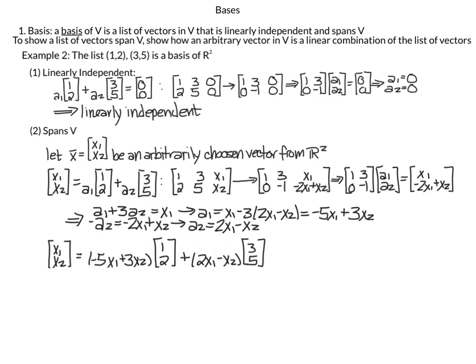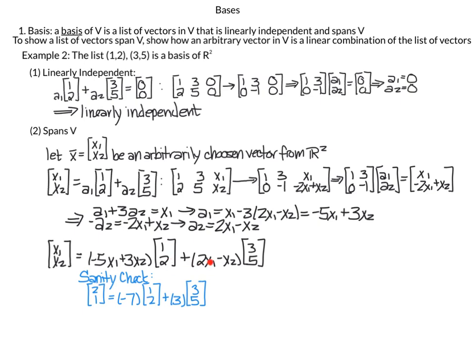And it's kind of nice because we can do a little sanity check. This isn't a proof that it works for every x1 and x2, but I could choose one with small numbers just to give me a nice, warm, fuzzy feeling. So I said, what if my vector x was (2, 1)? And then I plugged in (2, 1) here. So I have negative 5 times 2, which is negative 10, plus 3, so that's negative 7 times (1, 2).